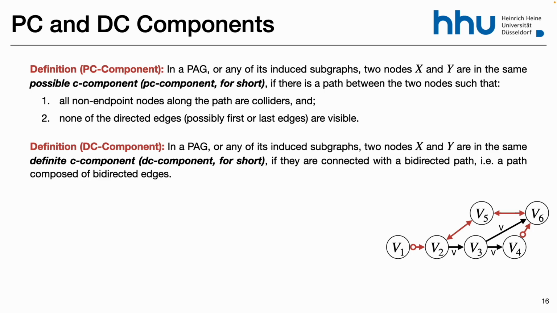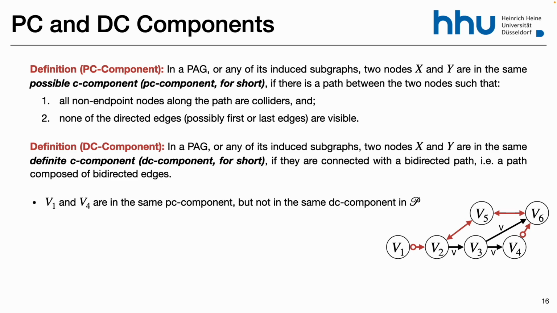I already put the visibility here, but the path that is in red is a path that has all variables being a collider, right? And the first and the last edge have circles on it. So it's a PC component. So V1 and V4 are in the same PC component, but this is not a definite C component, right?